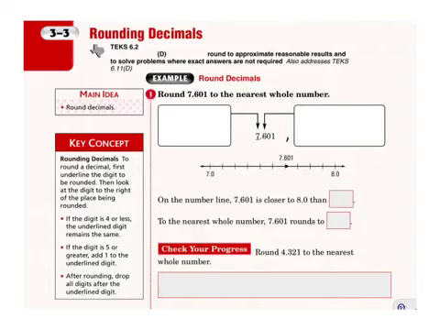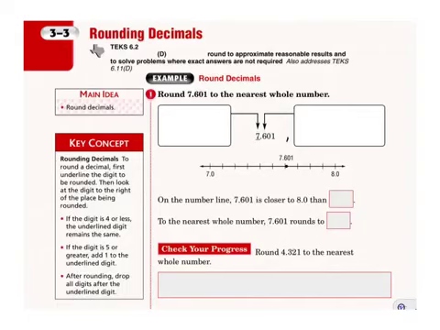Now these 3 points right here, this is talking about the numbers at the right of the place that is being rounded. So if the digit is 5 or greater, add 1 to the underlined digit. And after rounding, you're going to drop all the digits or all the numbers after the underlined digit.